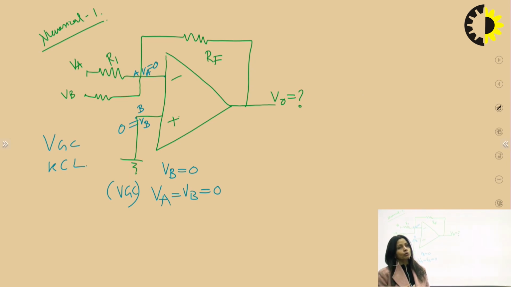Since VB is equal to 0, by applying virtual ground concept, the voltage of A point is also 0. If this point is clear, then we will go to KCL, right?